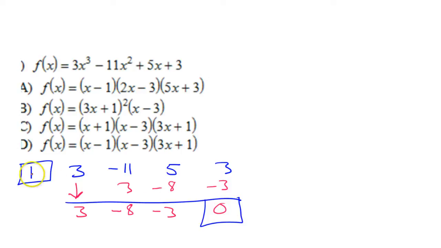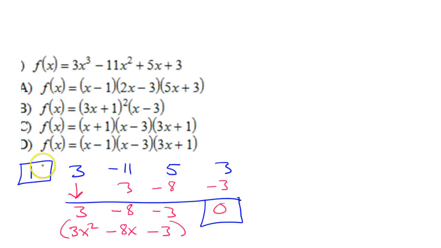When you have pulled a 0 or a root right off your calculator, there should be no remainder, so you should always get 0 right here. Now this is a trinomial. These are the coefficients of the trinomial 3x squared minus 8x minus 3. Make sure that last number is a constant.